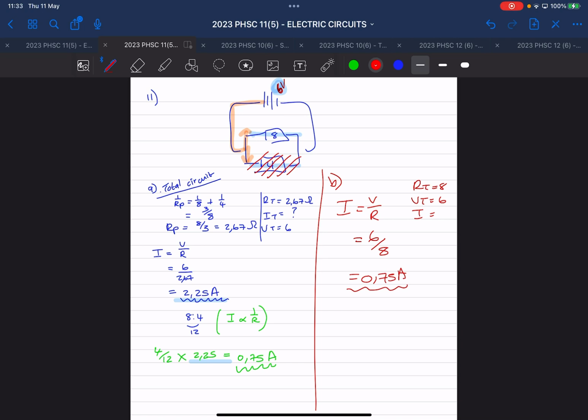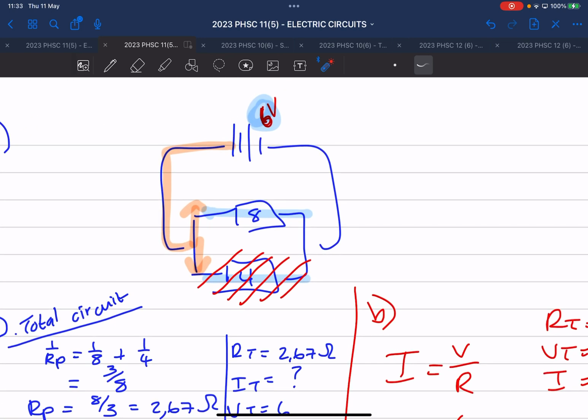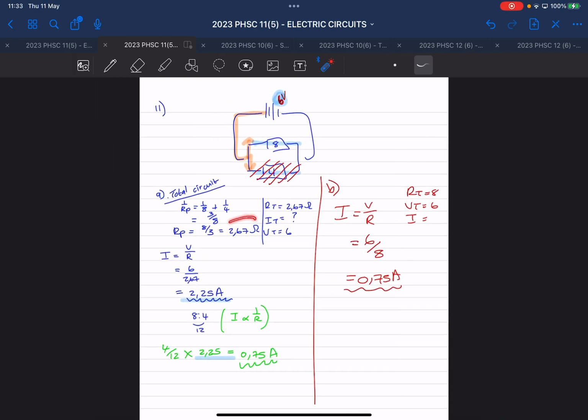Now the answer is exactly the same. Still the same answers. You can use Ohm's law for both A and B. It's perfectly fine. But I want to say why I showed you all of this. What I want you to see is that when we add more and more resistors in parallel, our total resistance decreases.